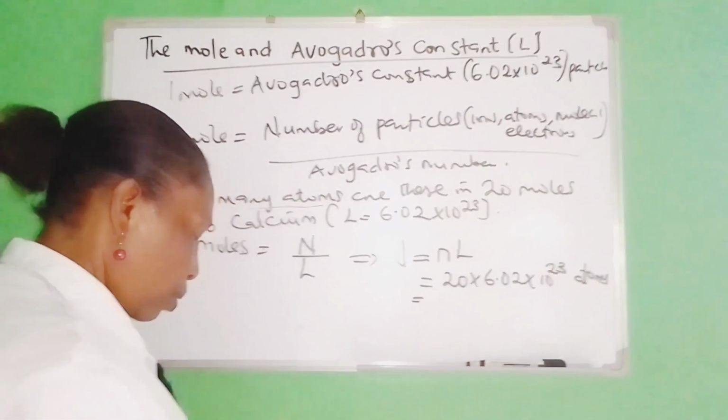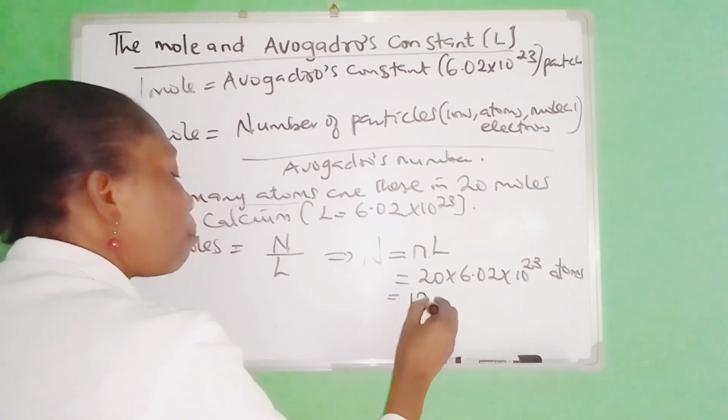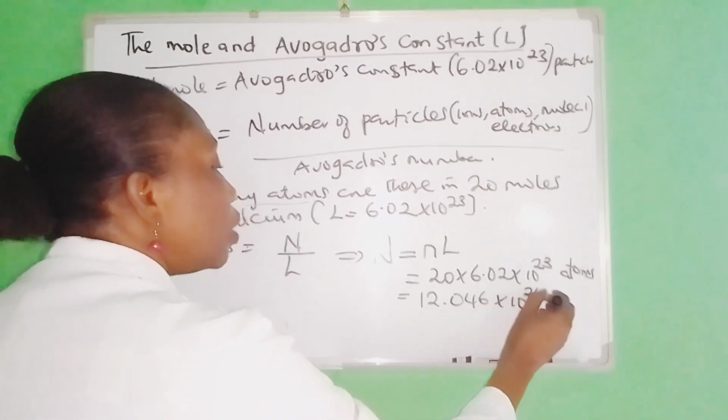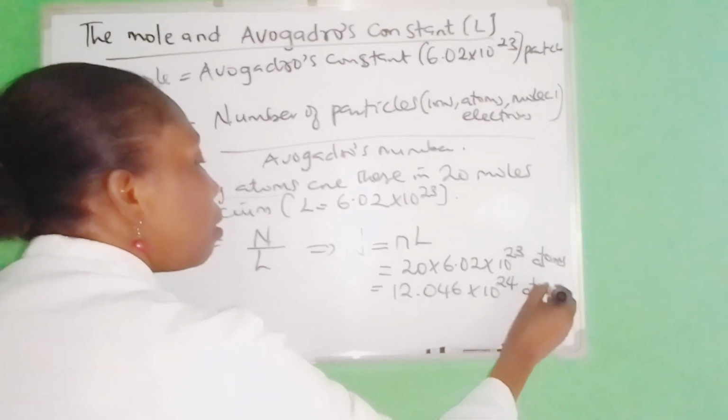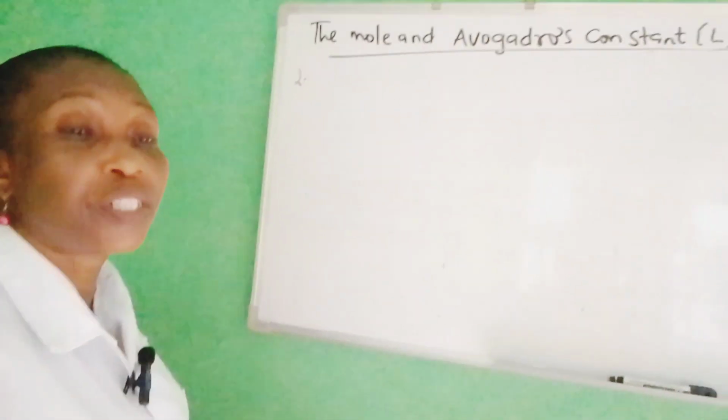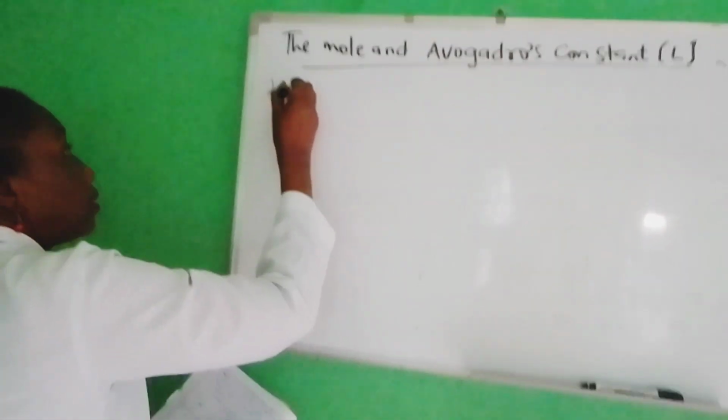And that will give us 12.046 times 10 raised to power 24 atoms.